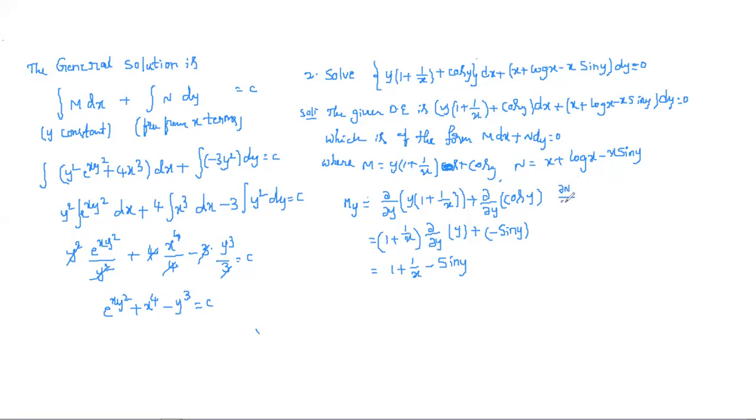Next, dou N by dou x: N with respect to x. The derivative of x is 1, and the derivative of log x is 1 by x. With respect to x, y is a constant, so sin y is a constant, and dou by dou x of x is 1. So dou N by dou x is 1 plus 1 by x minus sin y.